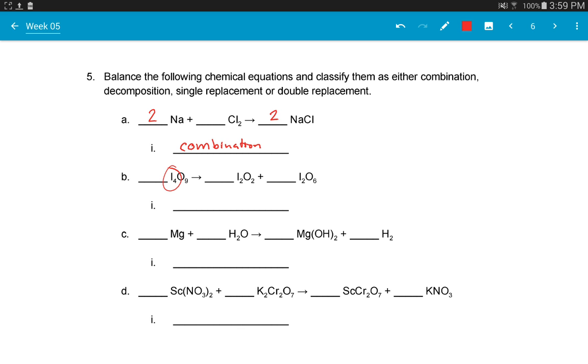I know I have 4 on this side. So between these two, whatever number I have between these two needs to add up to the same number that I have on the other side. So if I have a 3 and a 5, that would have to be 8 in order for the iodines to stay completely balanced.